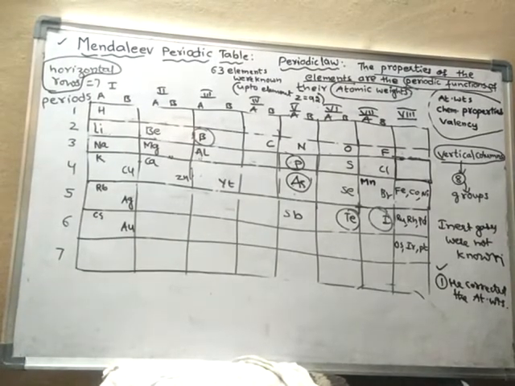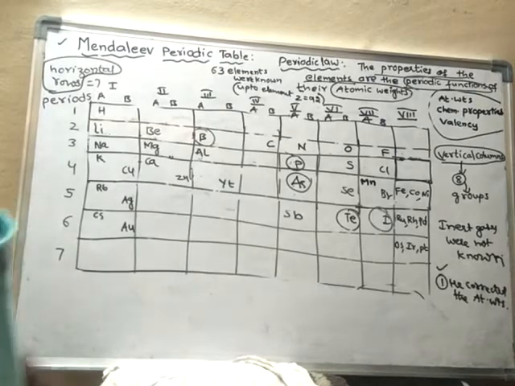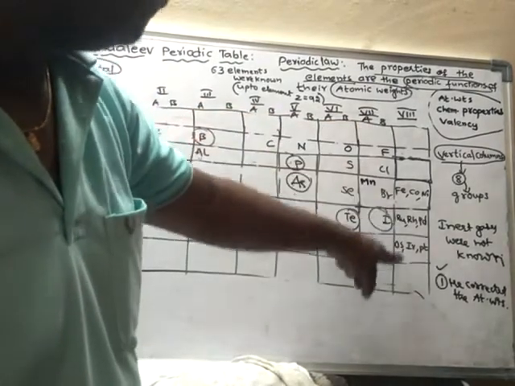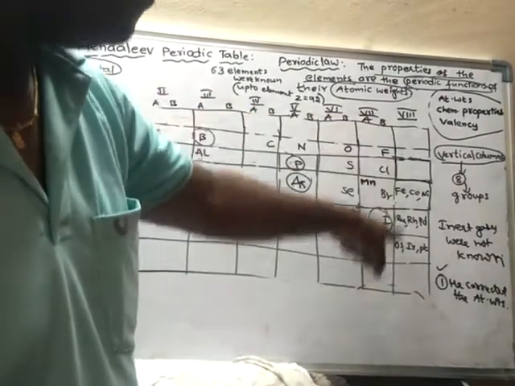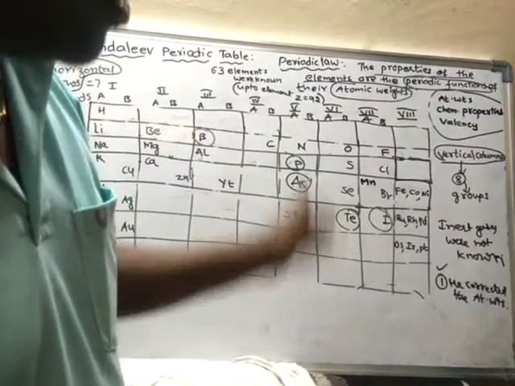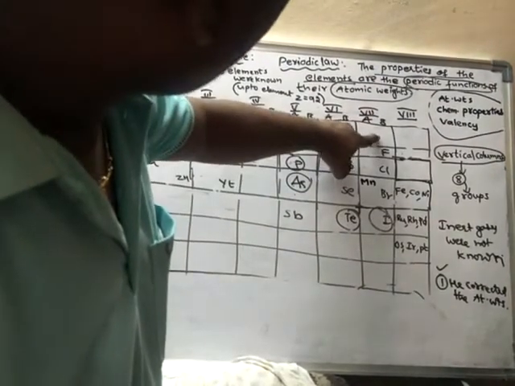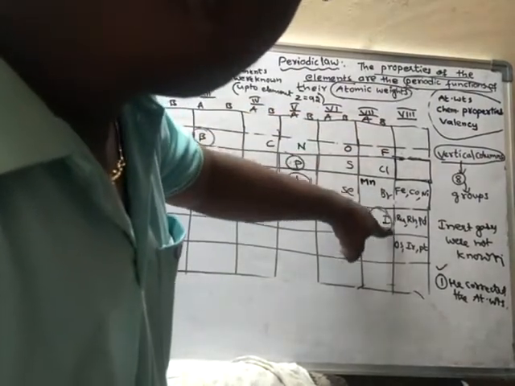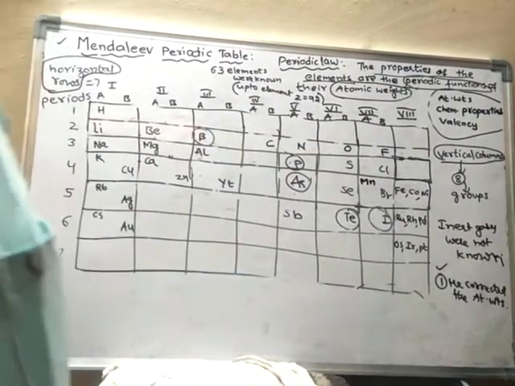Resemblance means somewhat similarity. He said that elements belonging to a particular group will show resemblance, and he also said that elements belonging to a particular subgroup show more resemblance.